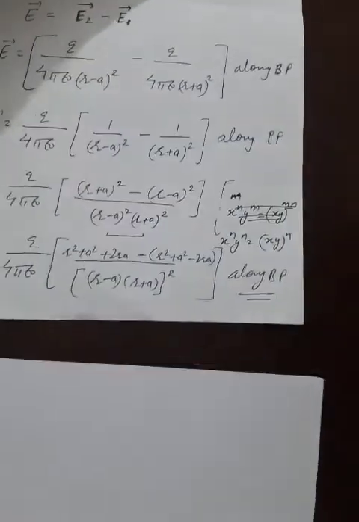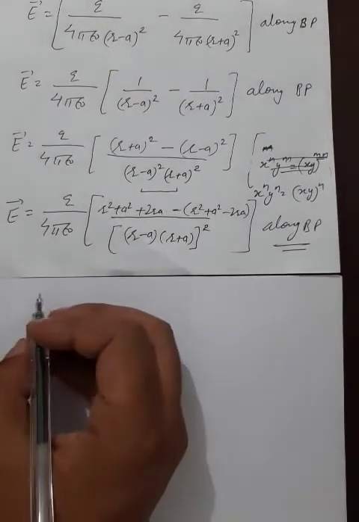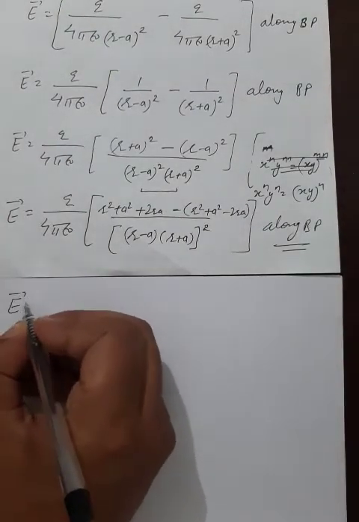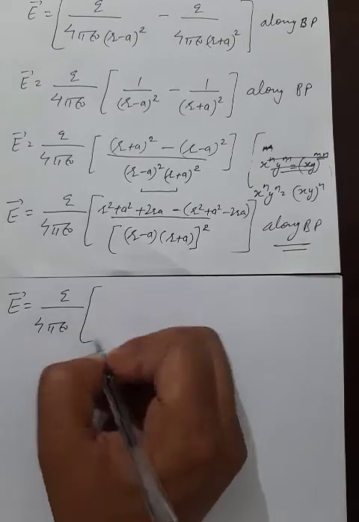Now next, E vector is equal to Q over 4 pi epsilon naught.